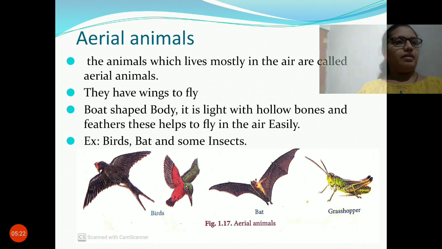These body shapes also will help to fly. Examples: some birds, bats, and some insects. Bats also can fly, birds, and some insects. Here given is a grasshopper. The animals that fly in the air are called aerial animals.